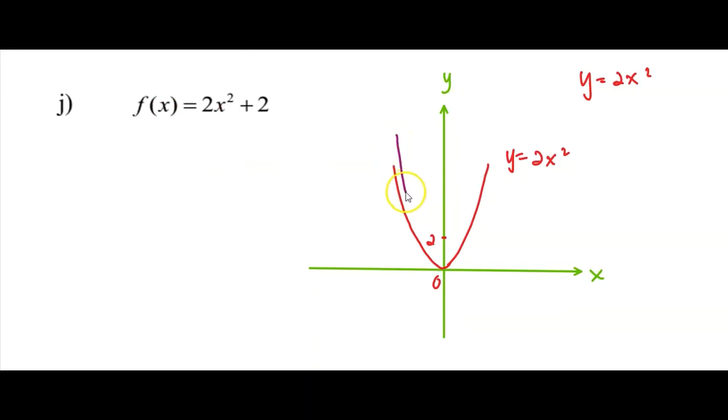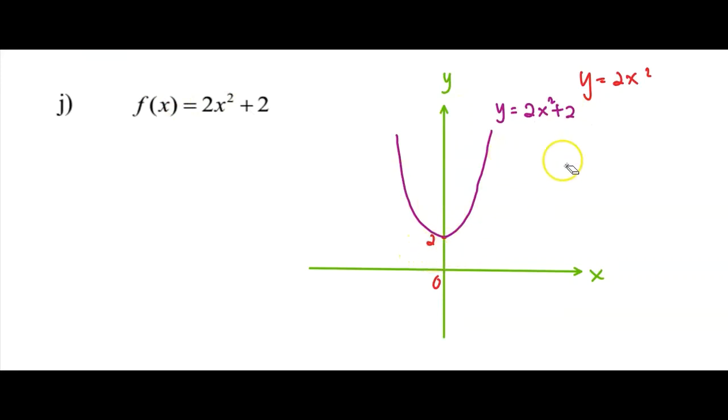The shape still will be unchanged, but now the minimum point becomes (0, 2), as if our graph is pushed up for 2 units. So this will be y equals to 2x squared plus 2. Now I delete the y equals to 2x squared. I have this. So this is the graph of y equals to 2x squared plus 2.